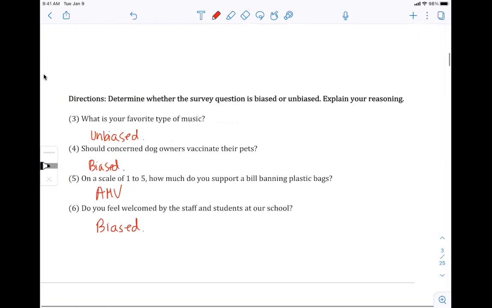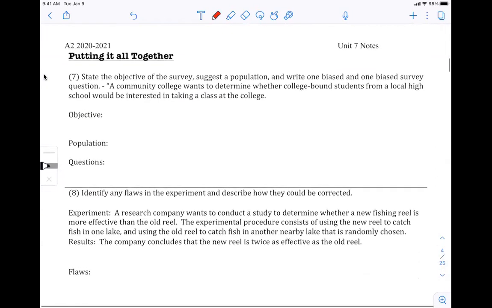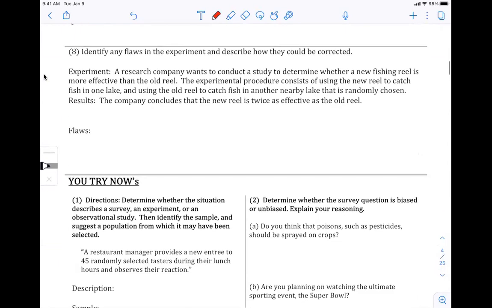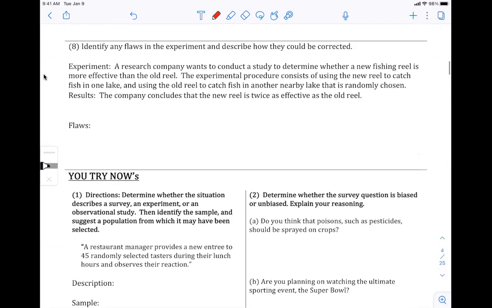Okay. So putting it all together, I was going to do number 8. What I want you guys to see if you can figure out, one of the other things that we're going to be identifying is, if I give you an experiment or an observational study that's being performed or a survey, we're also going to look to identify any flaws in however it's being conducted.